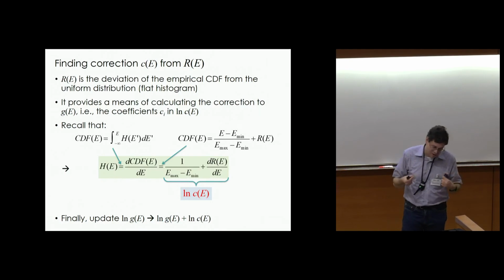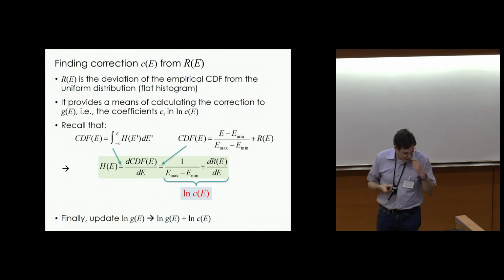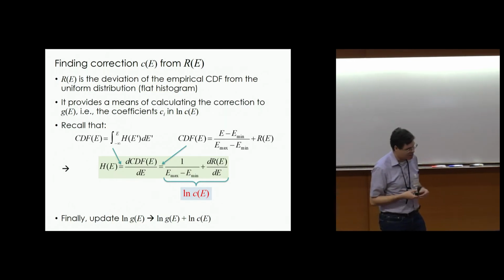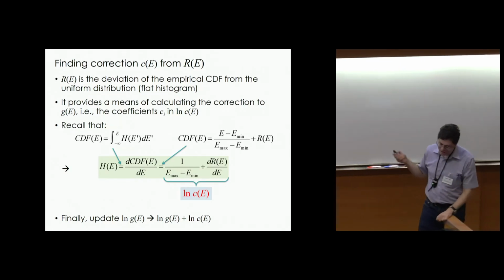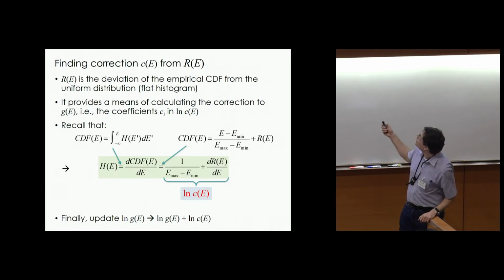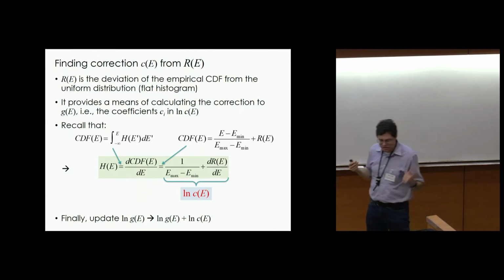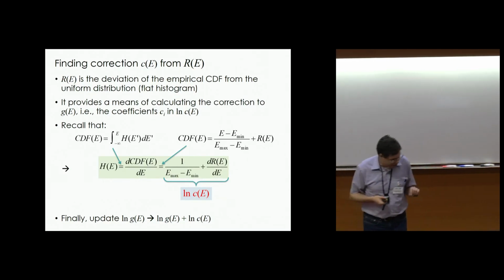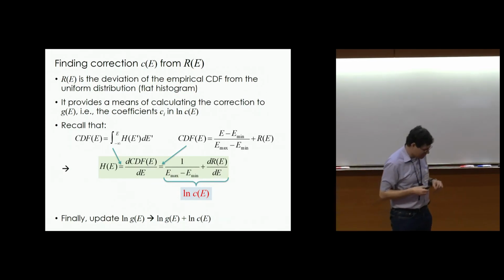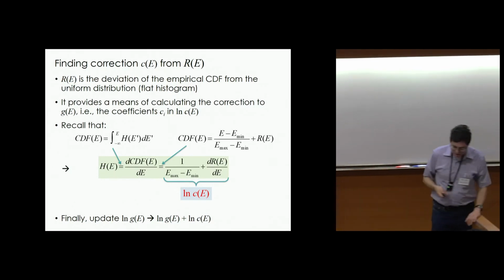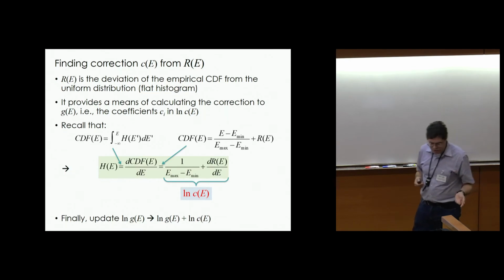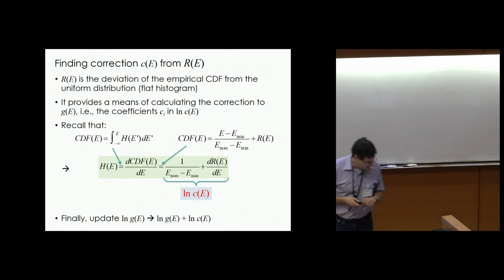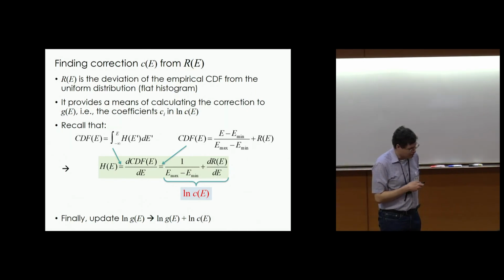Thinking backwards, the histogram would be the derivative of this distribution function. So the correction that we need to apply comes from another sampling method that I haven't mentioned, called multicanonical sampling, where you update the DOS with the histogram that you've accumulated.